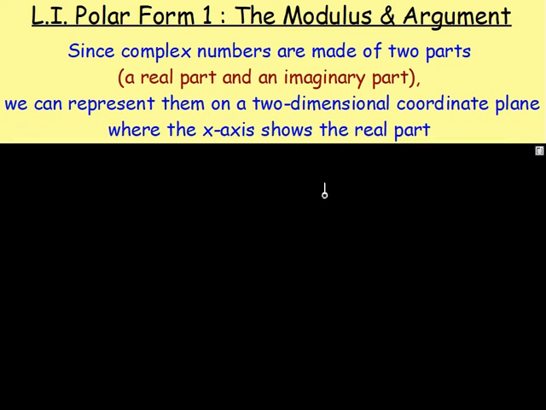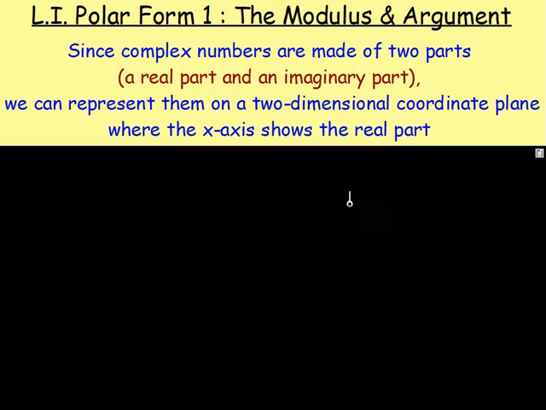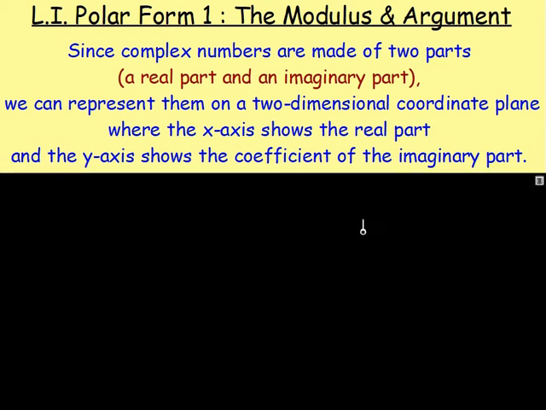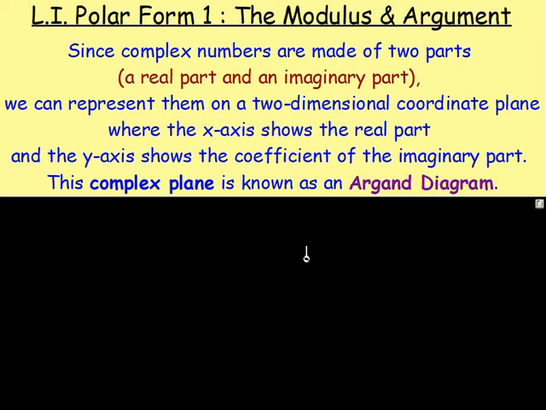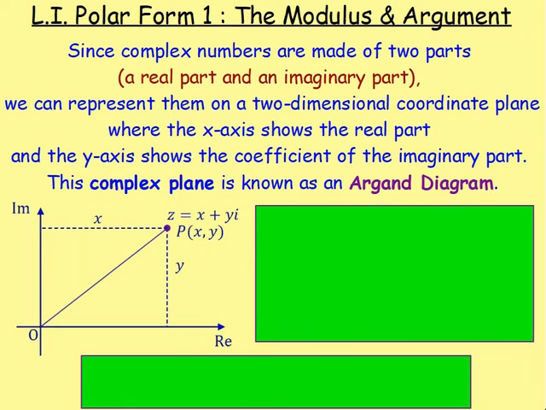The x-axis, we use that to show the real part of the complex number, and the y-axis, we use that to show the coefficient of the imaginary part, the bit in front of i. Because we are going to be plotting a complex number, it will be a complex plane, and the complex plane, your x-axis and your y-axis, we call that an Argand diagram, which looks something like this.